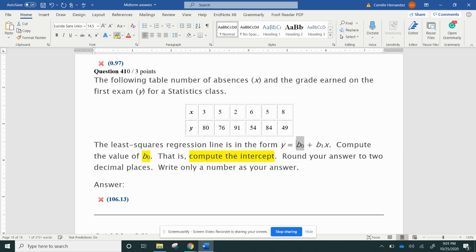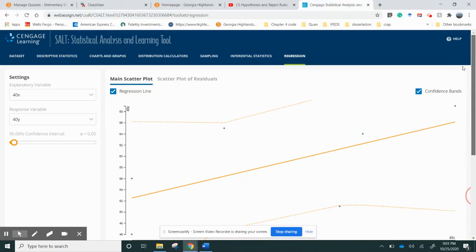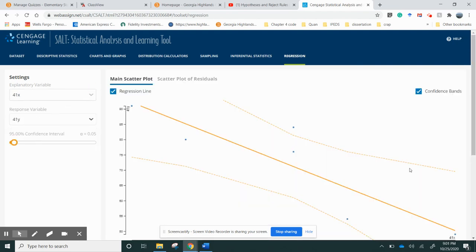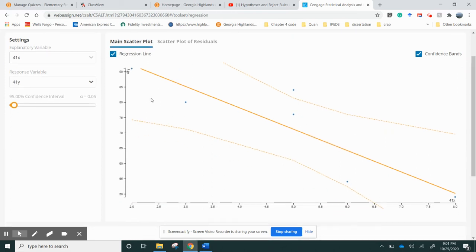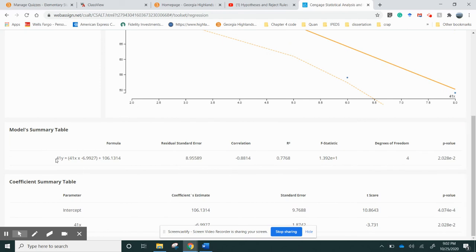So again, I'm going to go to SALT. And I'm just going to change my data set. So now I'm going to do 41x. I'm going to do 41y. Okay, got it? And now I see here, exam grades. So here's exam grades, and these are absences. And I'm looking to see what it did.